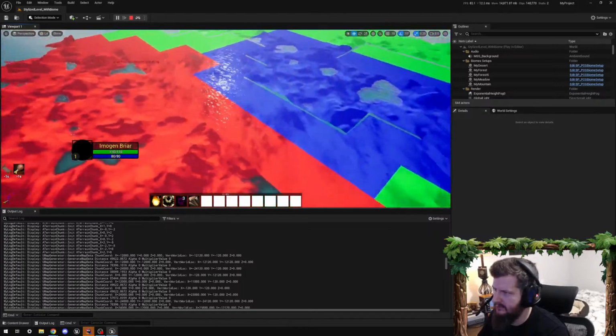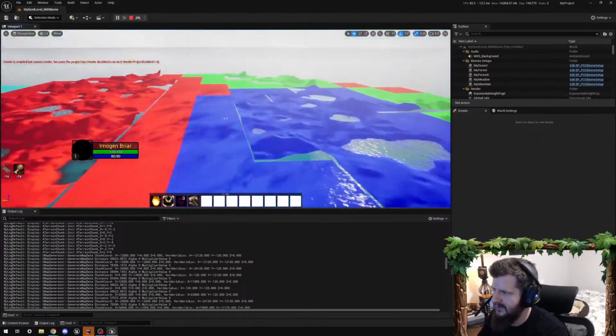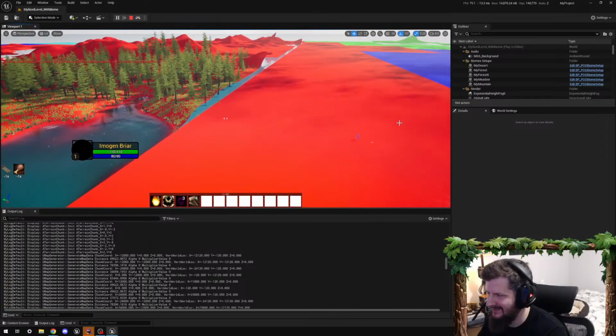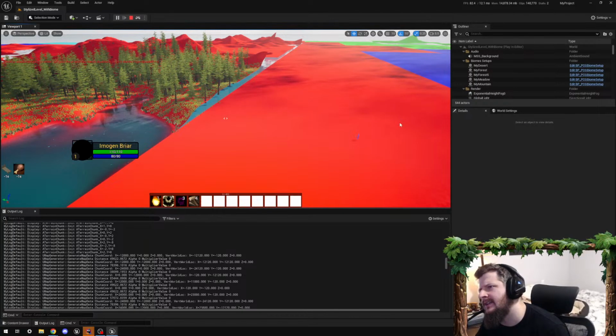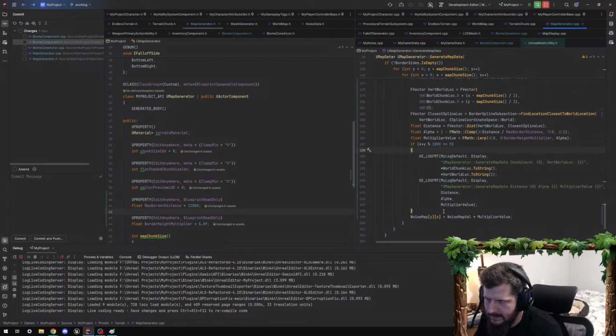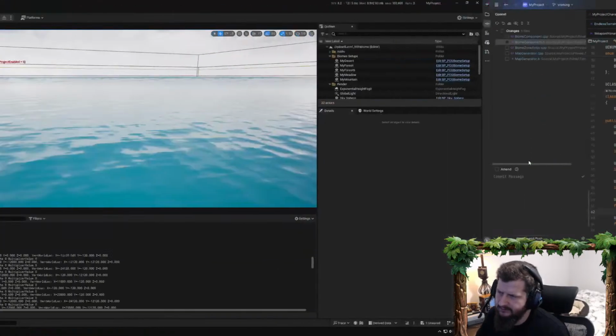It completely flattened the borders. That's not exactly what I wanted. Oh yeah. Okay, so I did 0. It shouldn't be 0, it should be 1. That's one issue.